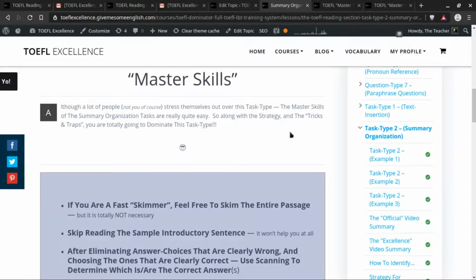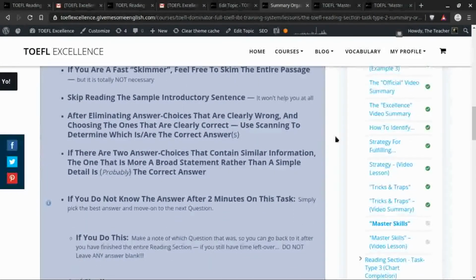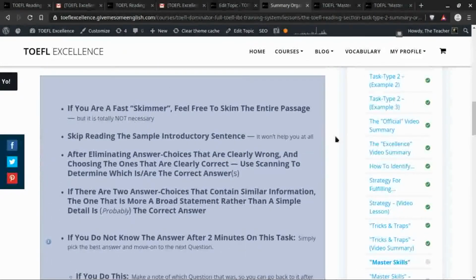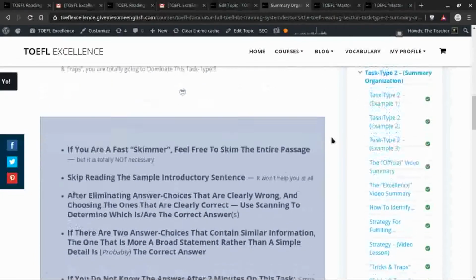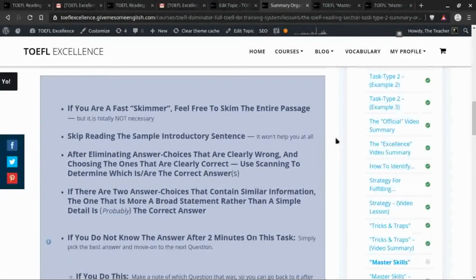And then you probably noticed as we go through the reading section, you build on the different skills that you learned and used in the previous question or task type. So that's one of the main reasons why these videos are getting a little bit shorter. Also, because this one's pretty easy, and some of the other ones, the tricks and traps were so quick that it wasn't necessary to have a video for each one. So let's get to this one.